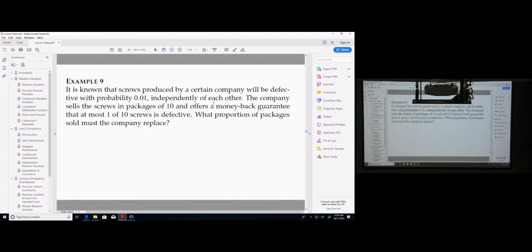It is known that screws produced by a certain company will be defective with a probability 0.01 independently of each other. Now, of course, one can argue whether it is independent, all right? Because if it's made by a machine, the assumption here is actually quite contrary to the production line.